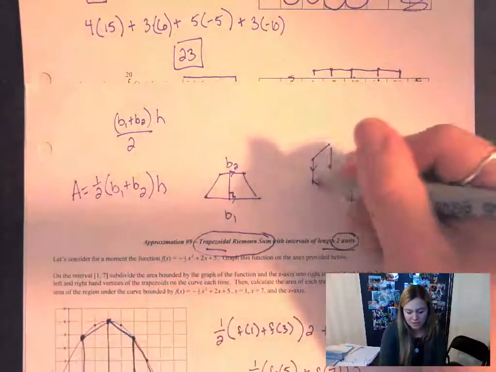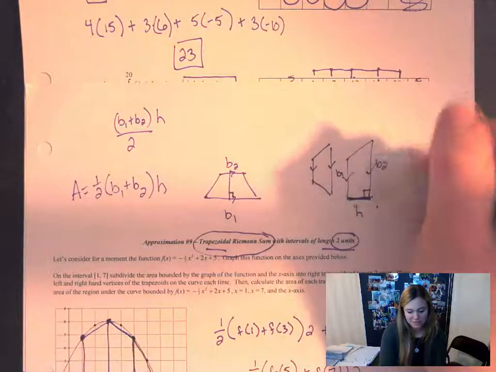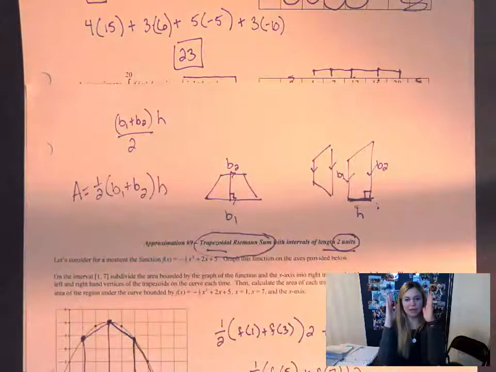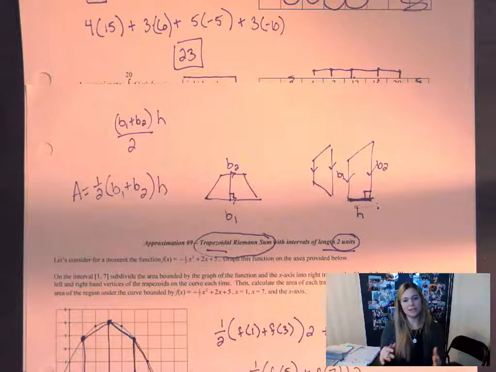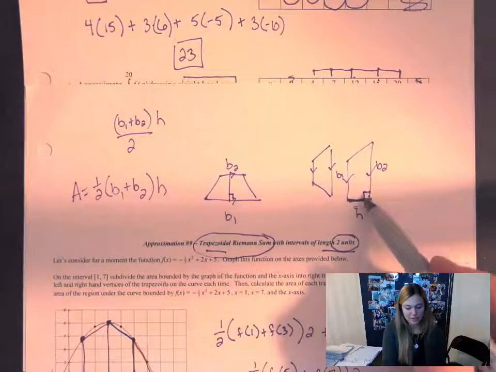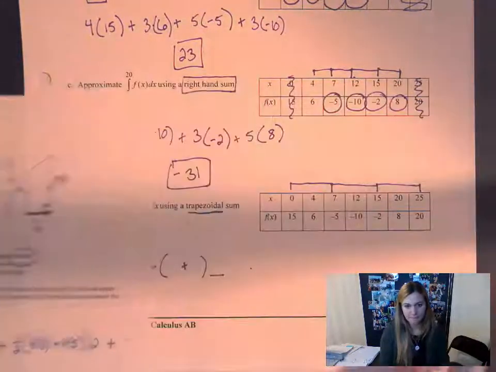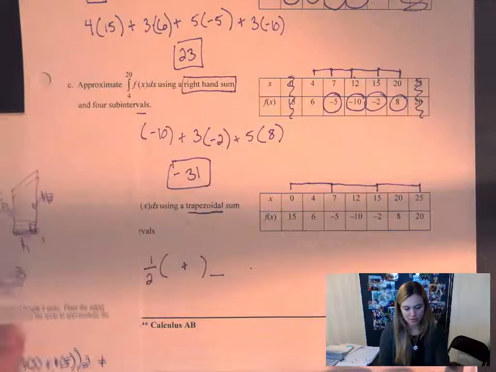In this one, it's going to be the height. It's going to be parallel still, but they're going to be 2 function values for the base, and then the height is actually going to be laying down, which is okay as long as the height is perpendicular to the base.